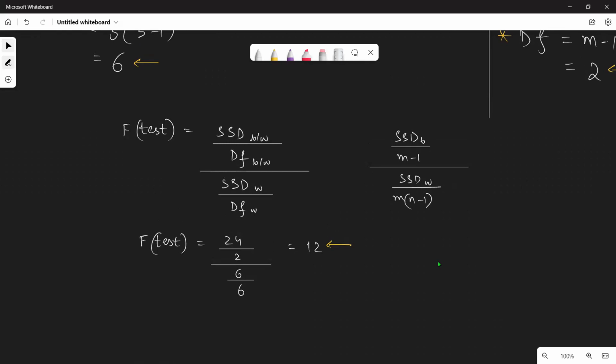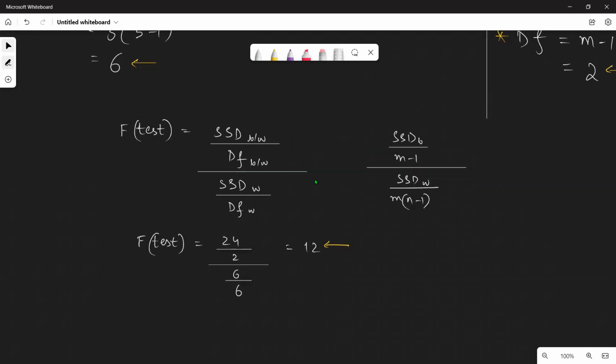Ash, the second part, like the F test formula, you said SST between divided by degree of freedom between, a whole divided by SST within divided by degree of freedom within, right? To the right hand side of this one, there's another one. What is this actually? Same thing. Instead of writing degree of freedom between, I have written the formula of degree of freedom between.